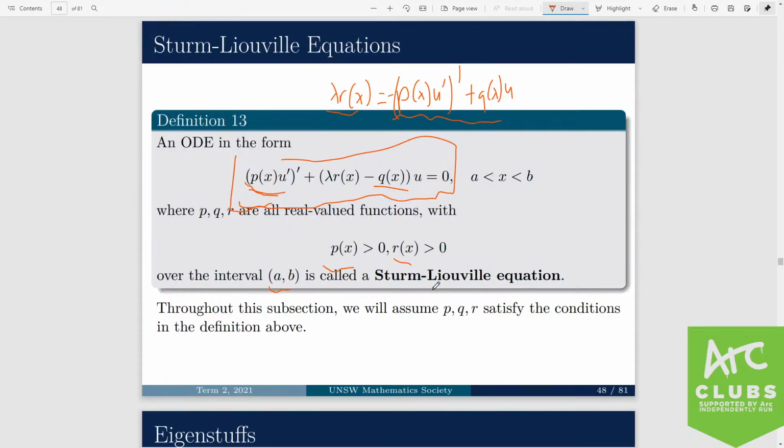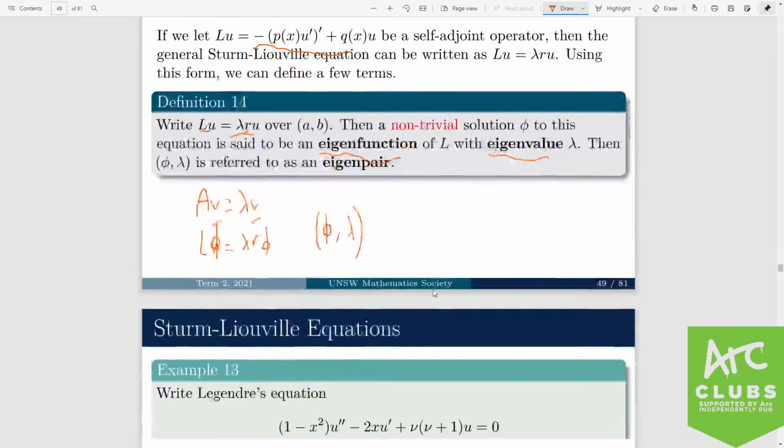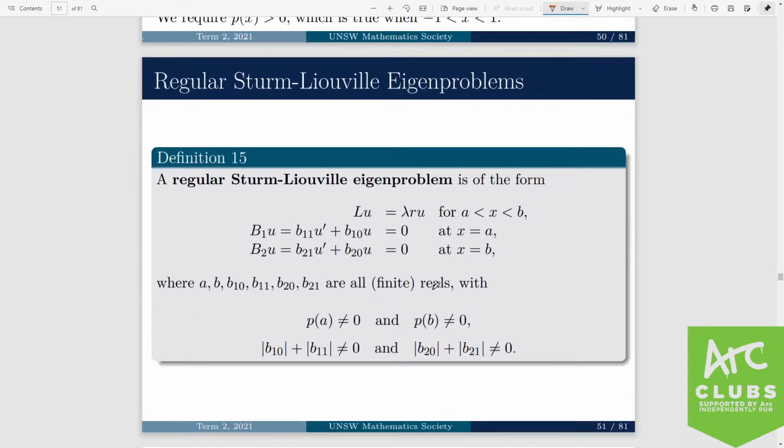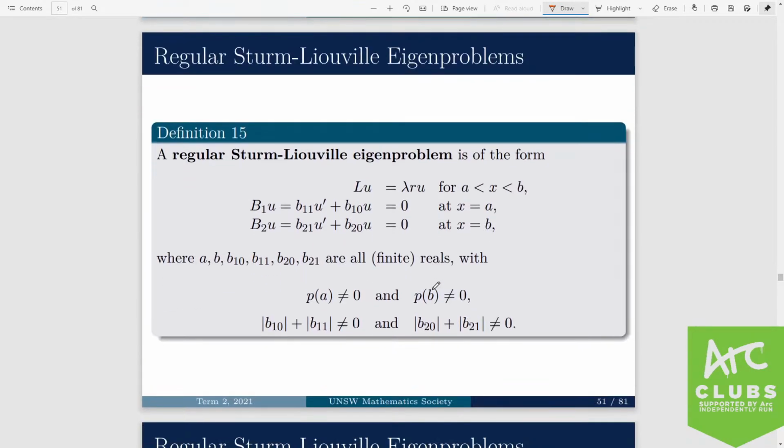But okay, moving on. So we define a regular Sturm-Liouville eigenproblem as a problem where we have this rearranged. Essentially, we have the Sturm-Liouville equation equal to 0, and we move this lambda over.